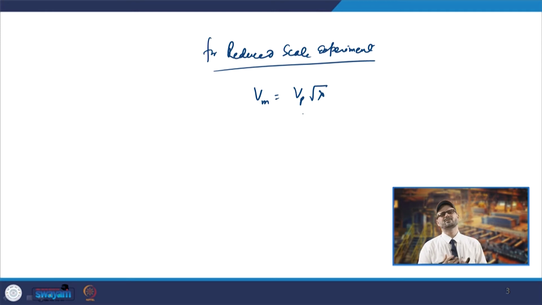That is what we have earlier seen: when you maintain this Froude similarity, the velocity in the model will be root lambda times Vp. Similarly, for the length, Lm will be lambda times Lp. That is what you see when you go for the Froude similarity in those cases.